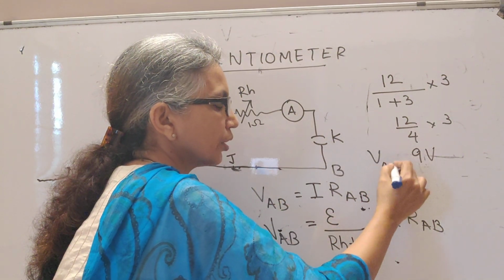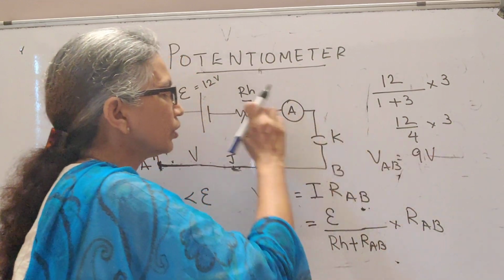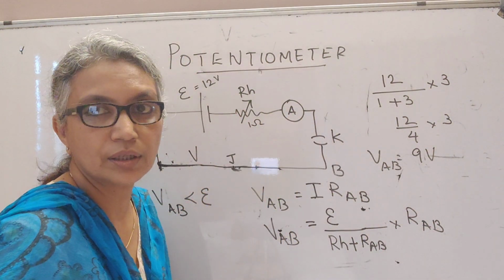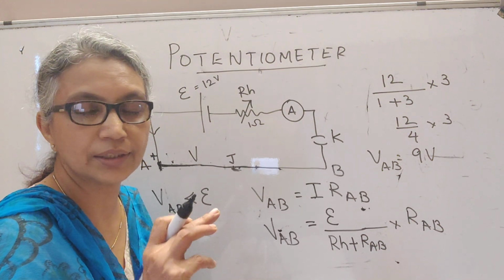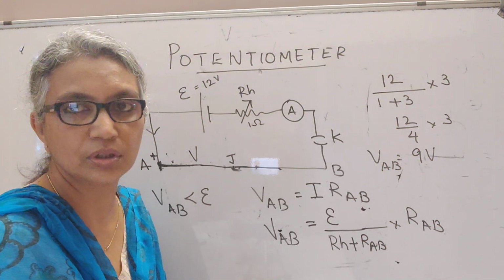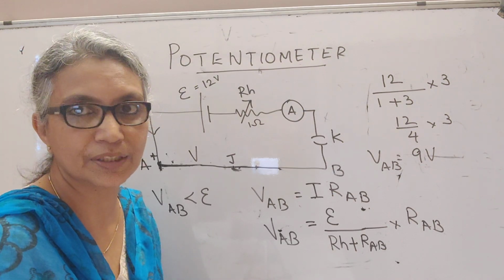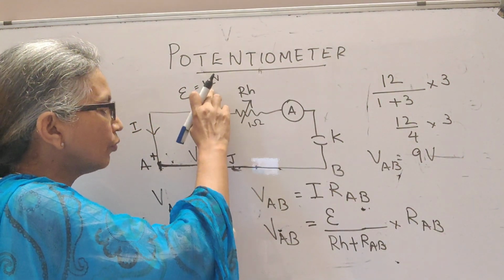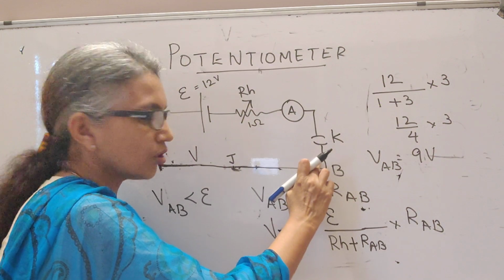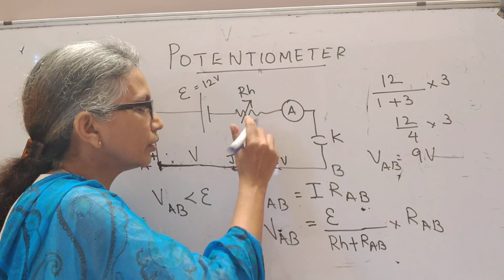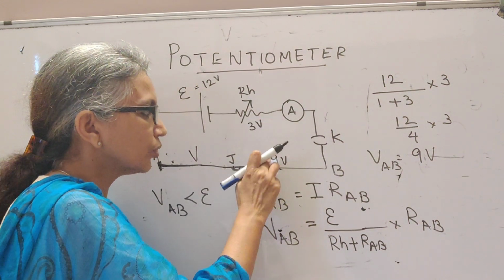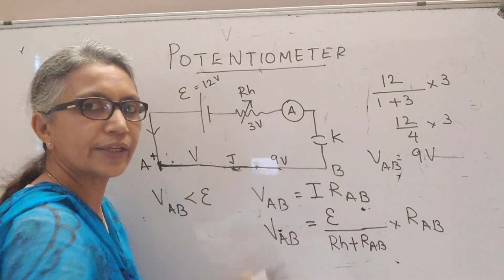So you are going to get VAB as 9 volt if the EMF of the driver cell is 12 volt. That means, you know, that in series the voltages get added up. Total voltage V must be equal to V1 plus V2. So out of this 12 volt, 9 volt is across this wire, the potential drop. The remaining 3 volt has appeared here, so that 9 plus 3 is the total 12 that we have.